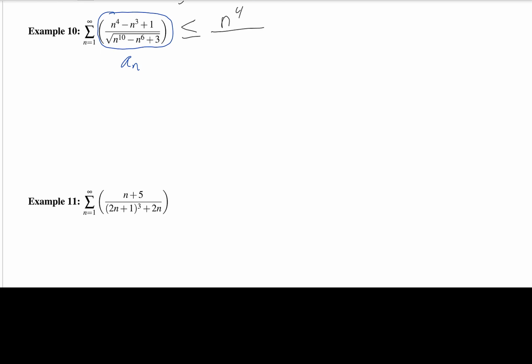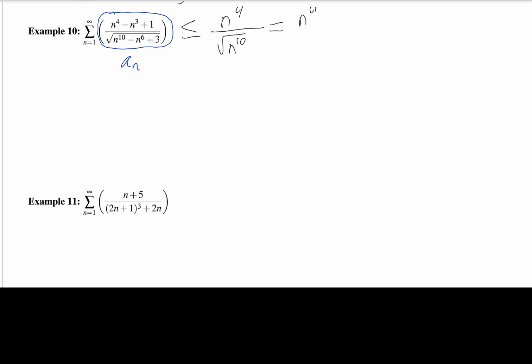Now one way to think about this denominator down here is that as n gets extremely big, this negative n to the 6 plus 3 is no longer going to matter. Meaning that our dominating term is going to be the square root of n to the 10th.